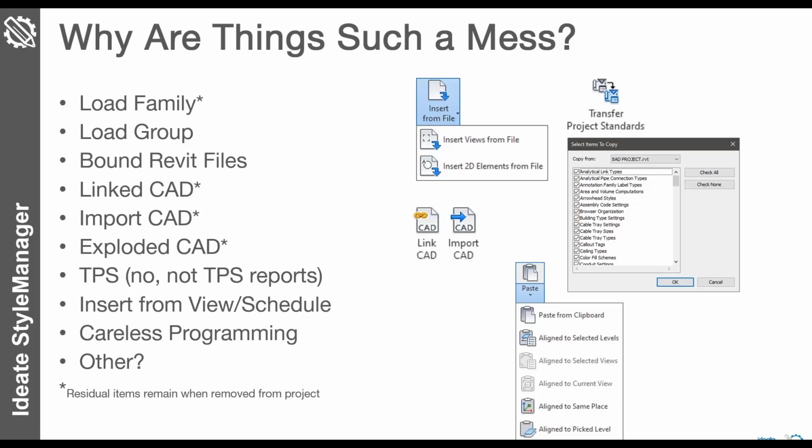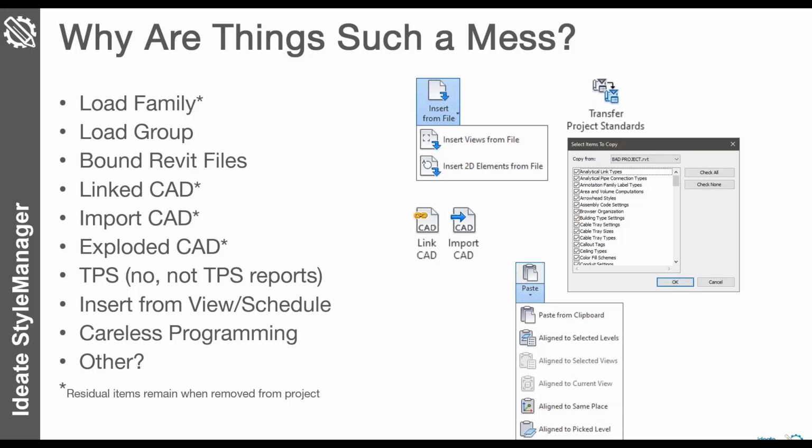And here's just a sampling of how things can get really sideways in your templates and in your projects and even in your families, depending on the situation. Loading families or loading groups or even binding Revit files, the infamous importing of CAD files, and then exploding them, which really makes things messy.